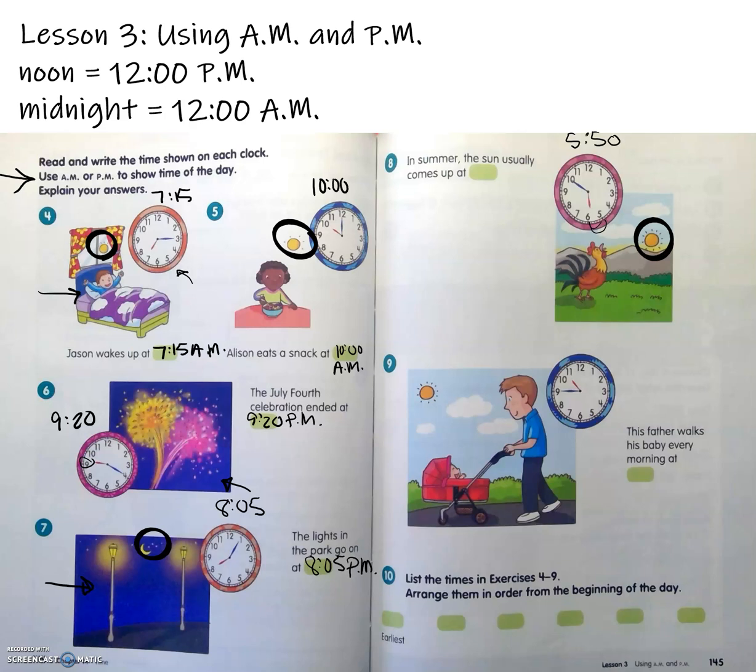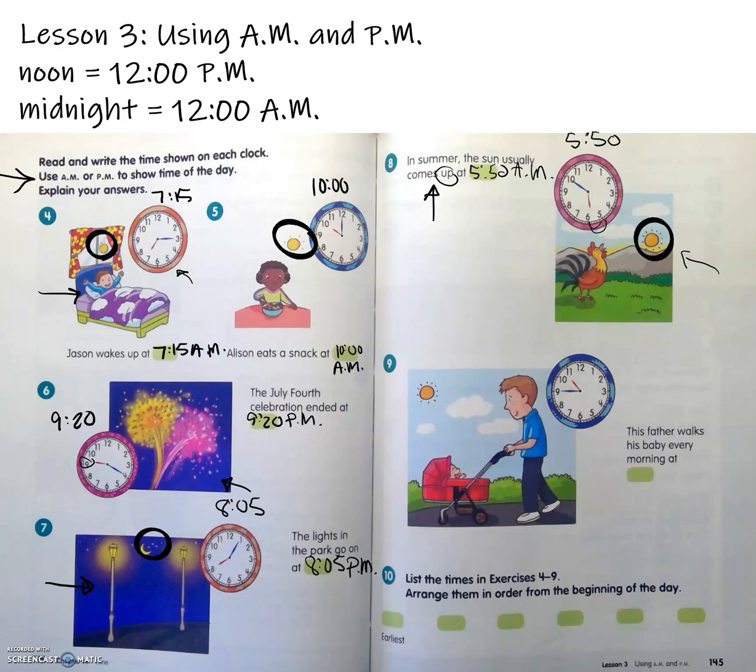Actually, it looks like it's starting to rise, and I can tell that I was wrong because of what it says here. It says in summer, the sun usually comes up. So I needed to make sure that I pay attention to what it says and what it shows. So the sun normally comes up at 5:50 a.m. It normally goes down at night, and it goes up in the morning.